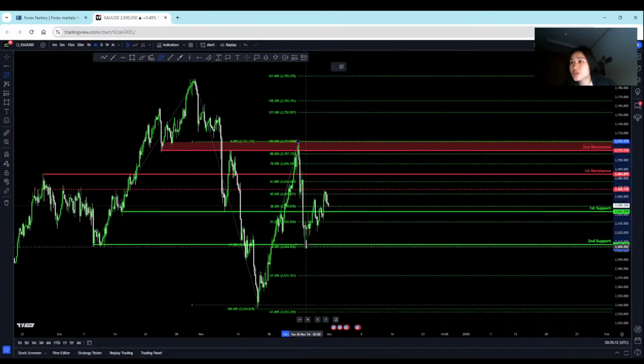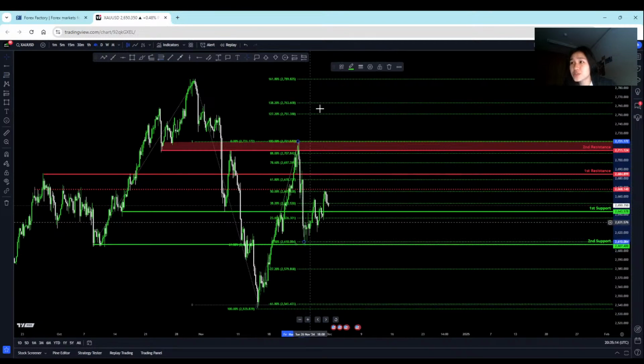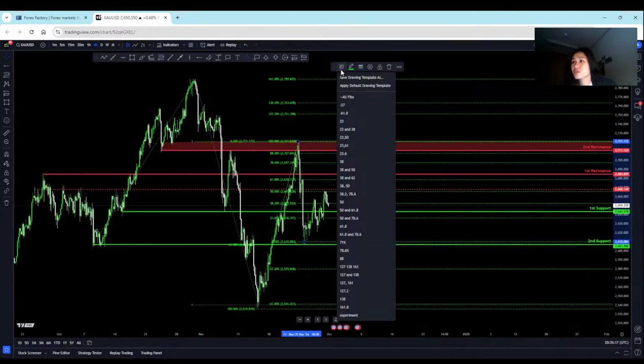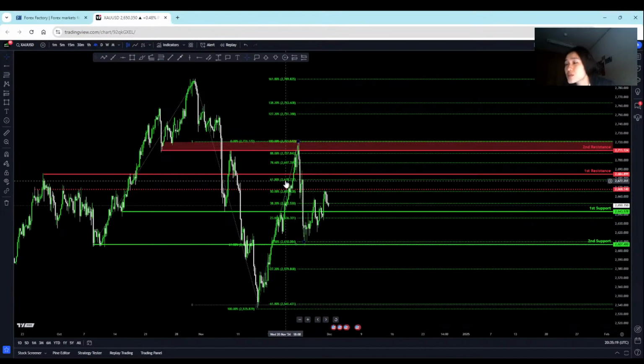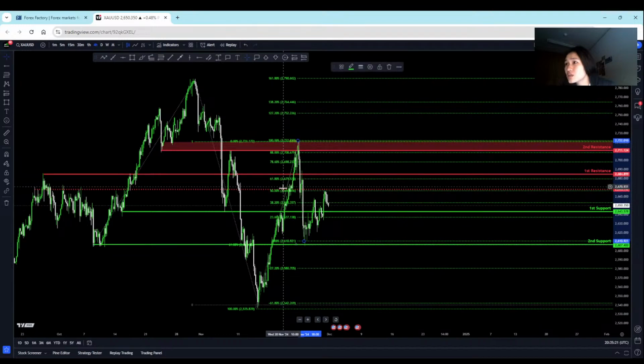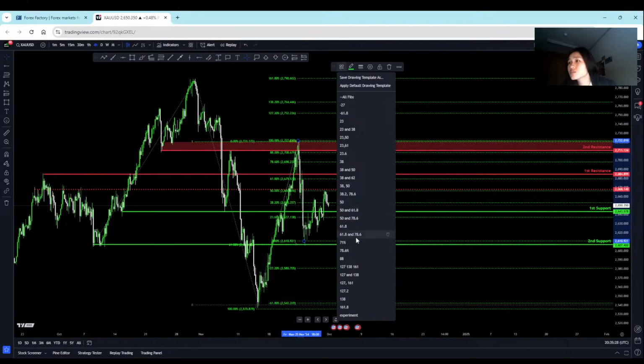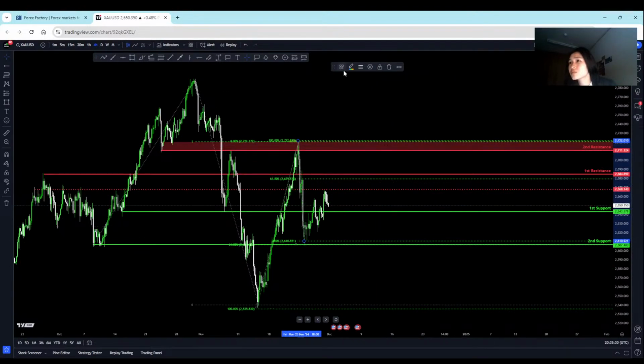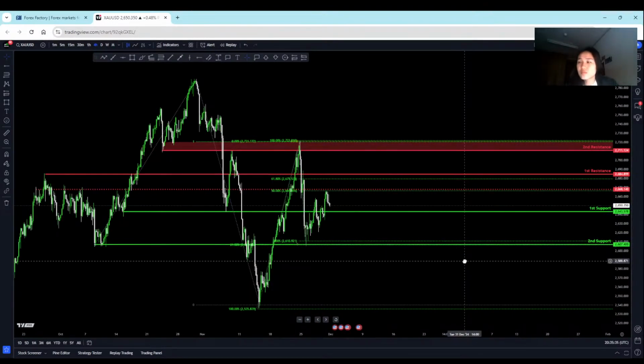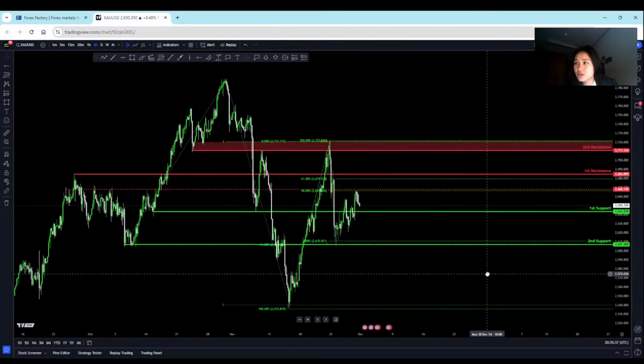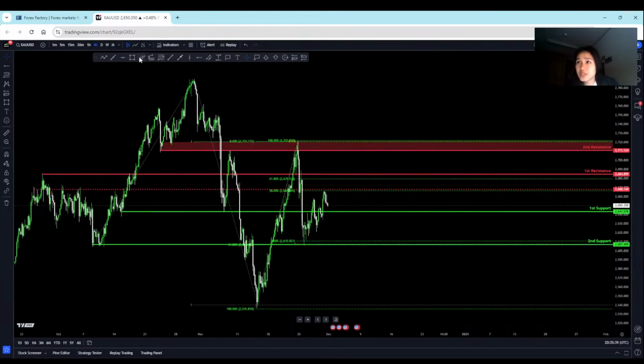And this is also in line with a 50% retracement. 50% and 61.8 also line up. Okay, I think that's all the levels we have. Like I mentioned earlier, I'm expecting prices to reverse off this level and move upwards.